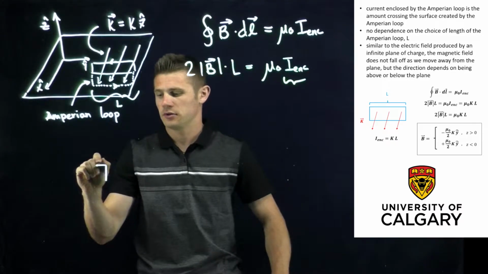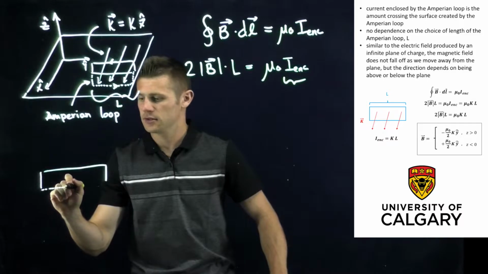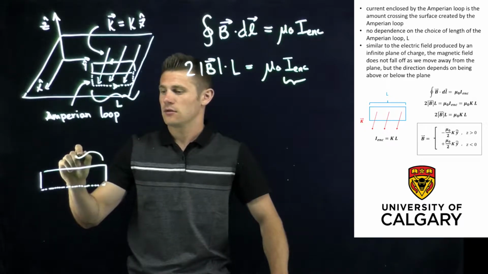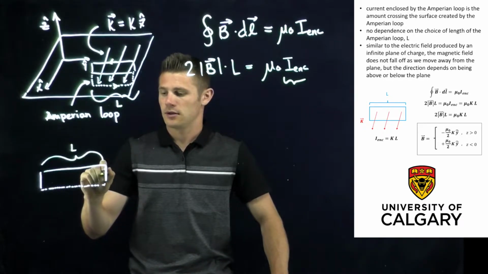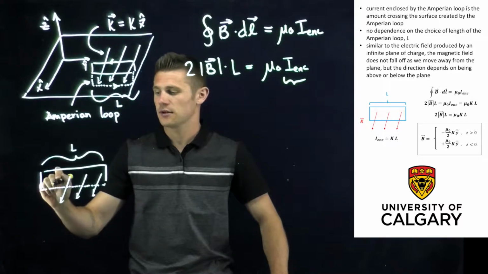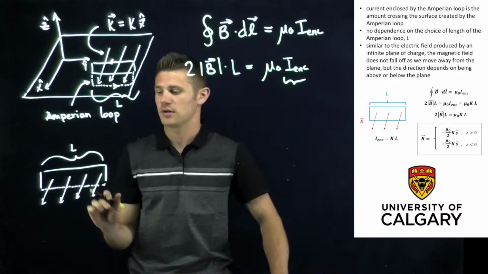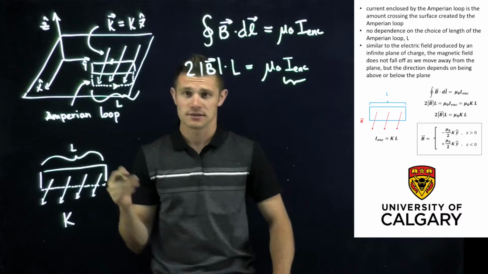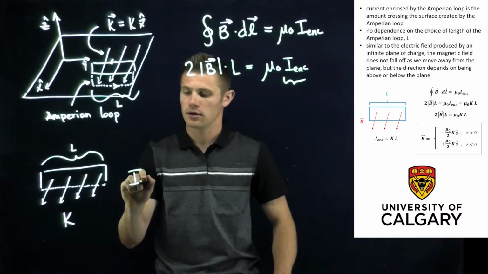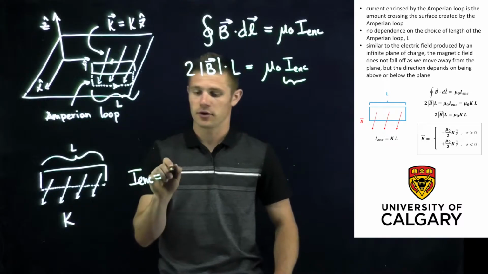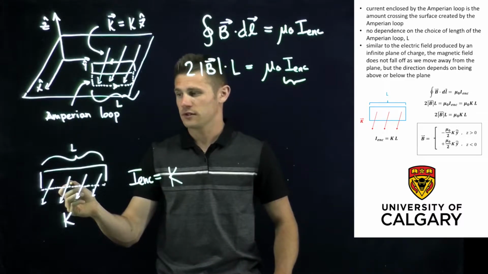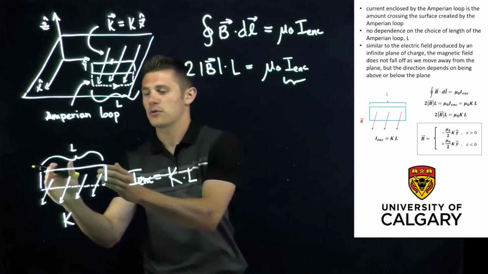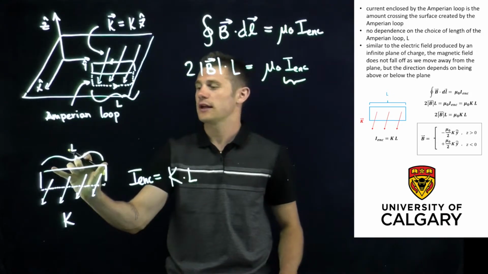So if we draw the Amperian loop in a way that we can better look at it, so it's not on the wire sheet in the diagram above, we have that the length of the Amperian loop is L, and the current crossing this surface produced by this Amperian loop is of course our sheet current K. So the amount of enclosed current that passes through this Amperian loop, I enclosed, is going to be the magnitude of the current crossing this surface multiplied by the length of the Amperian loop, to suggest that the amount of current passing through the loop depends on the length of the Amperian loop.